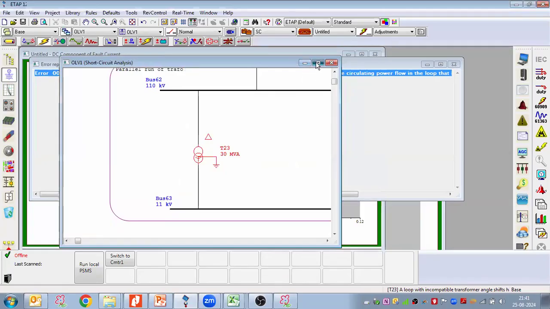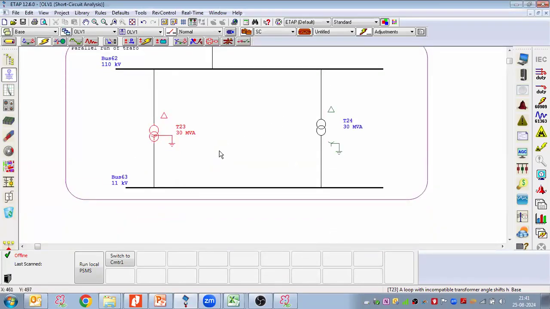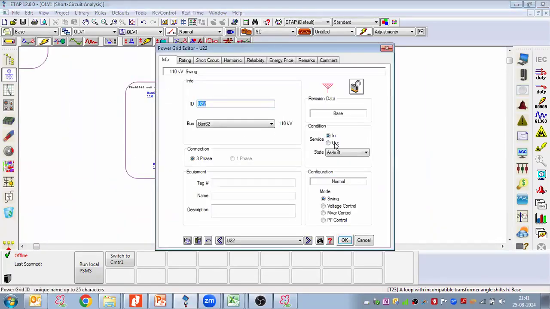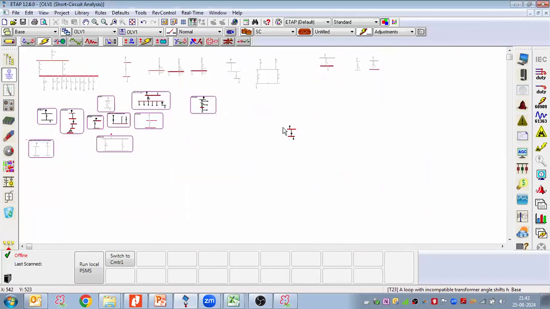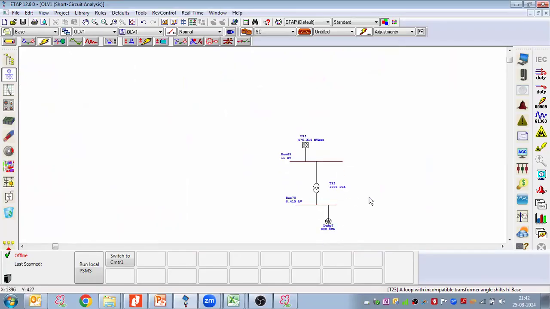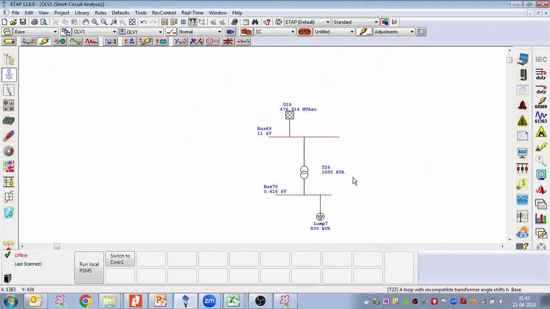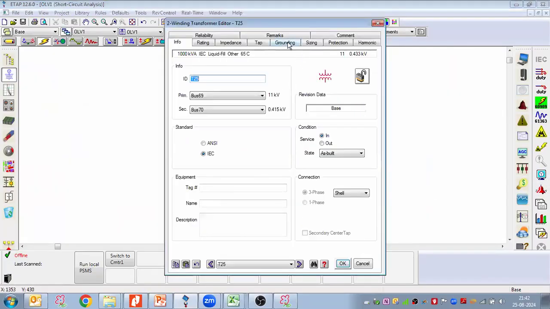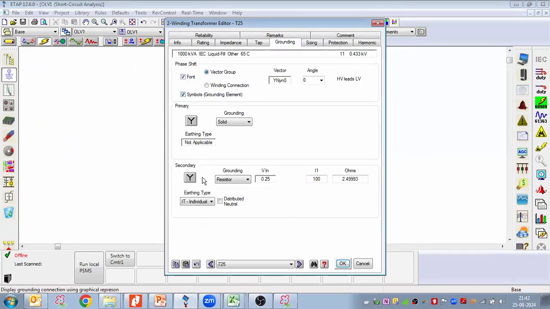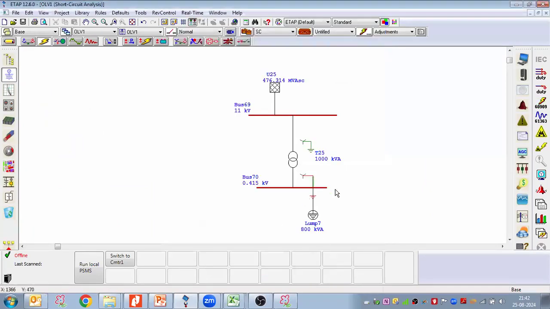Take this out of service. So here we are taking the case. Now what we are doing, we are trying to run it, and let us show this symbol also physically.